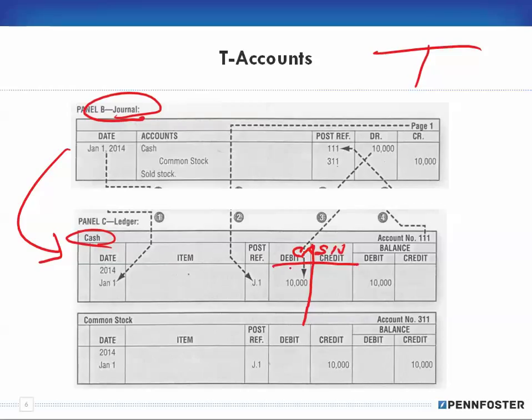And in a T account, we have a debit side and a credit side. Anytime we have a transaction affecting the debit side, we put it on the debit side. If we're looking at a transaction like in this case, this would be called common stock, we're affecting the credit side, we would put it on the credit side. So that's why the textbook is using the T accounts instead of the more common formatting of a ledger account.